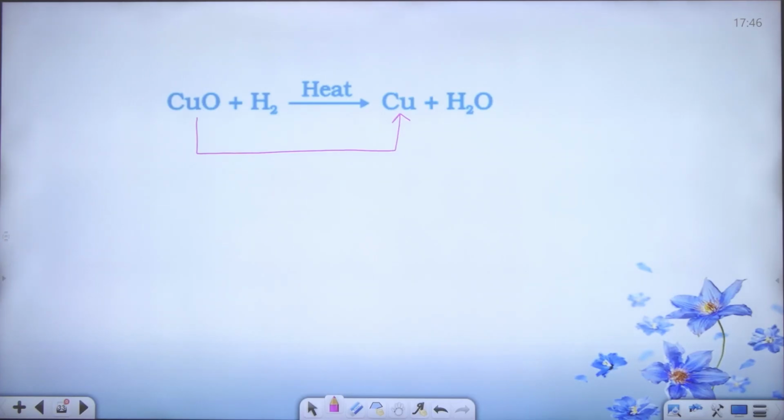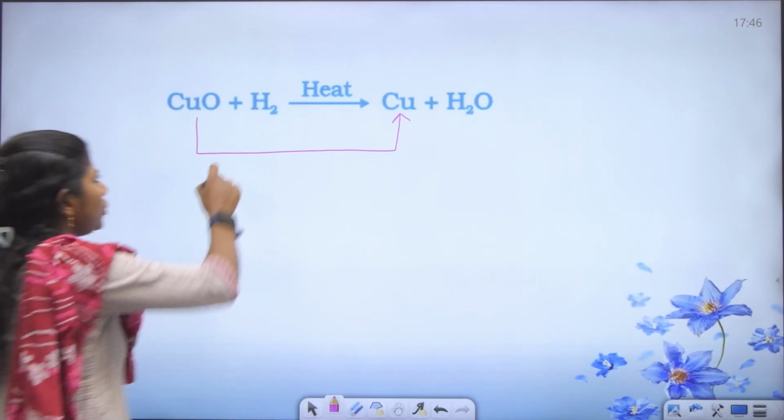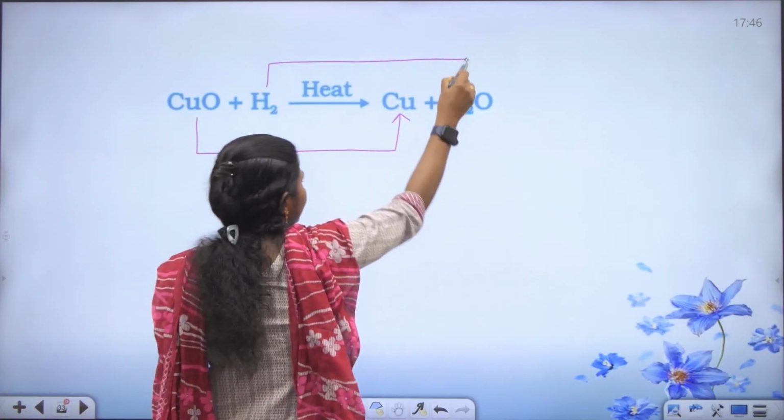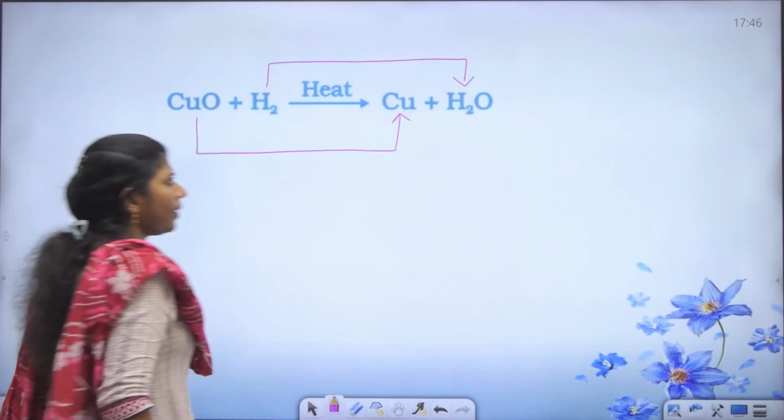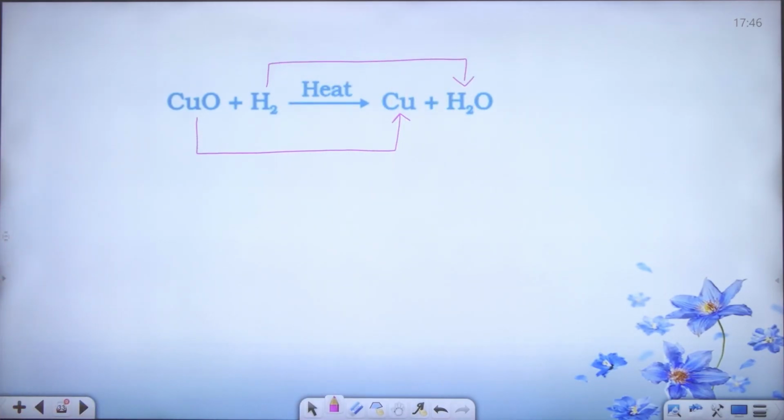Hydrogen changed to H2O. CuO, copper oxide, removes oxygen and forms copper. Removal of oxygen, or loss of oxygen.